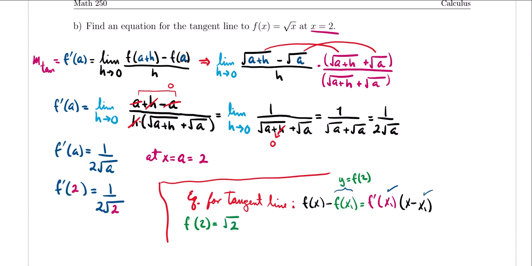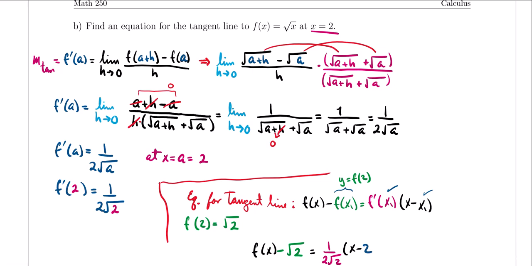All right, so putting everything together then, the equation for the tangent line is f of x minus the square root of 2 equals 1 over 2 square root of 2 times x minus 2.